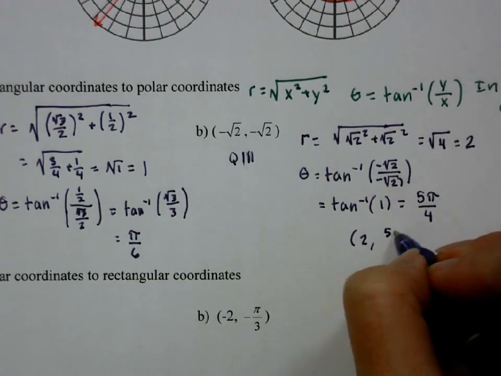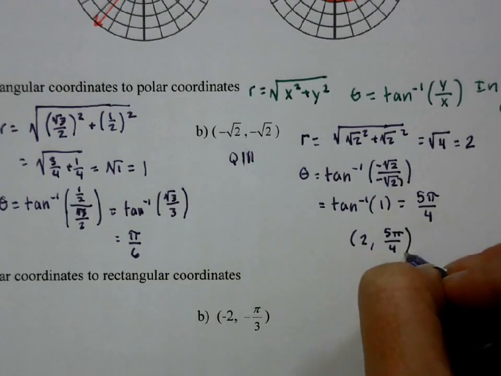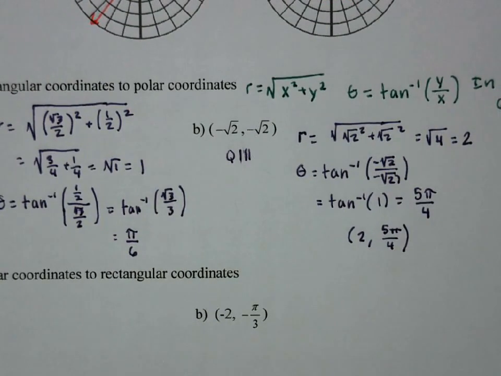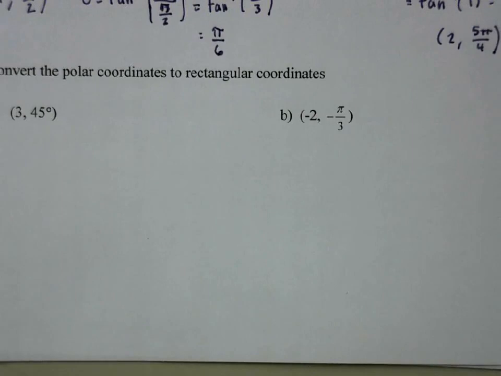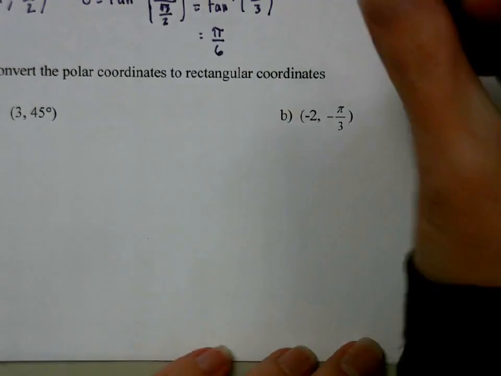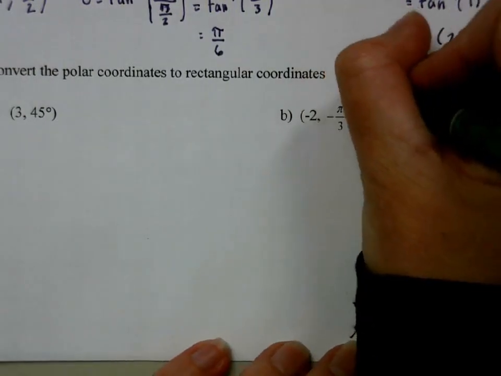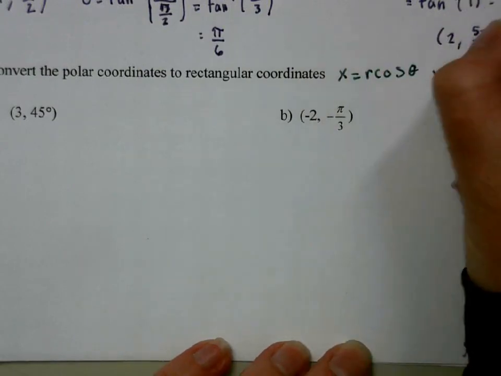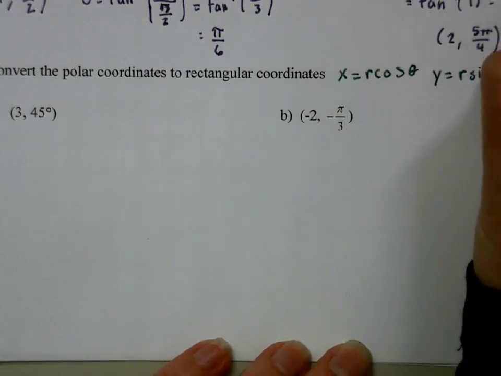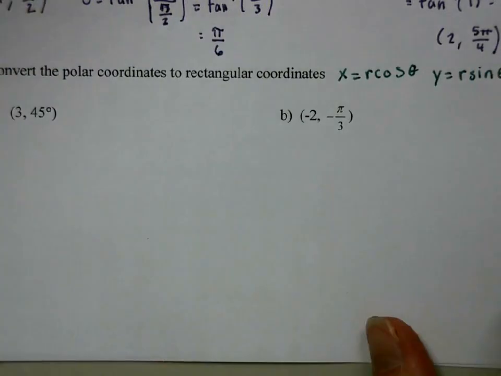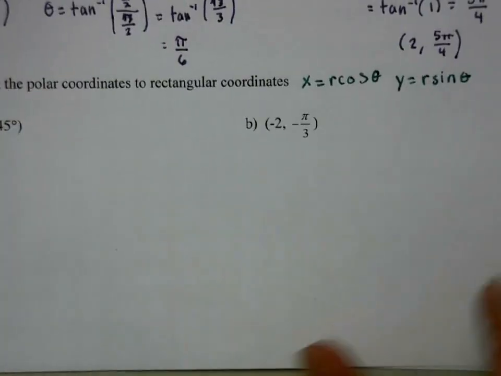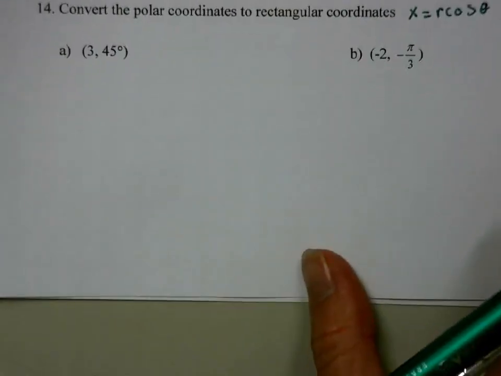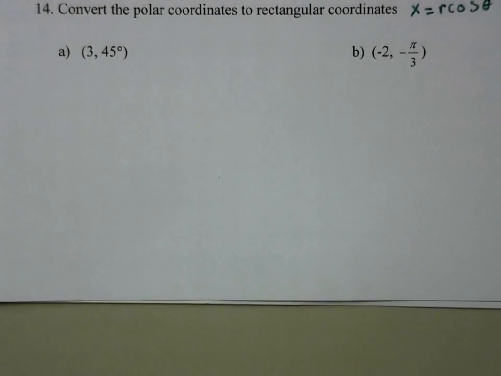When we're going the other direction, x equals r cosine theta, and y equals r sine of theta. Those are our two conversion equations. So super easy. X is equal to 3 cosine 45.